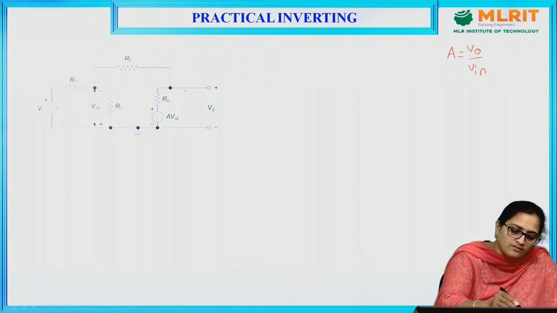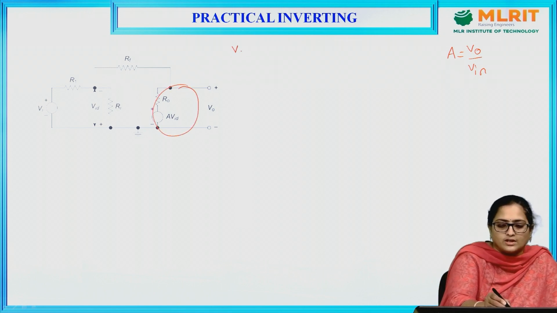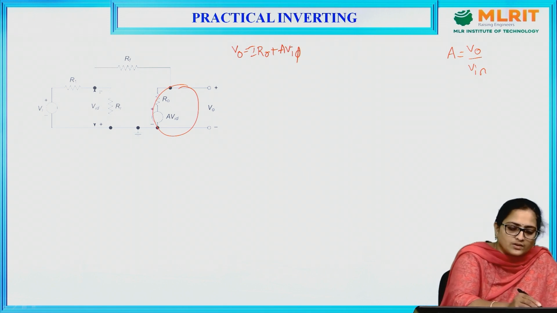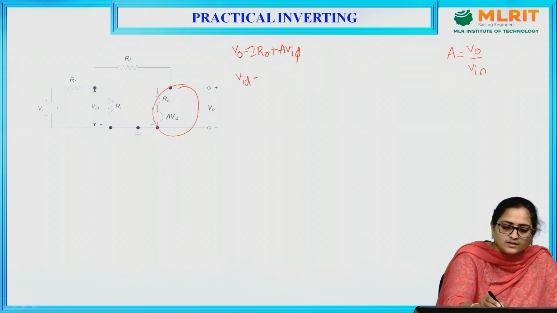First I will consider this arm and I will write this equation as V0 is equal to I into R0 plus A into VID. And from this arm, I will write VID is equal to I into RF plus V0.